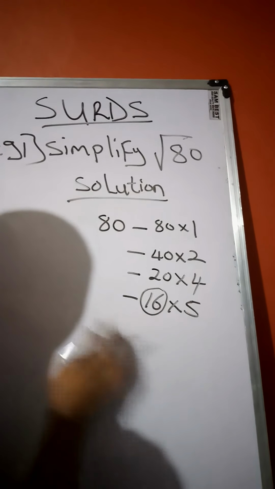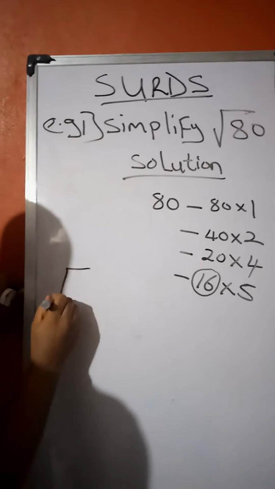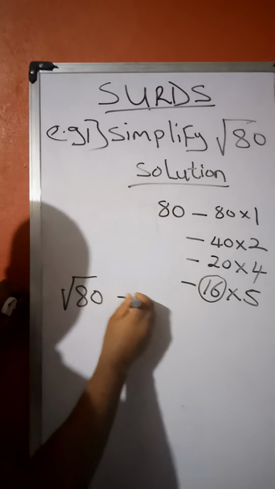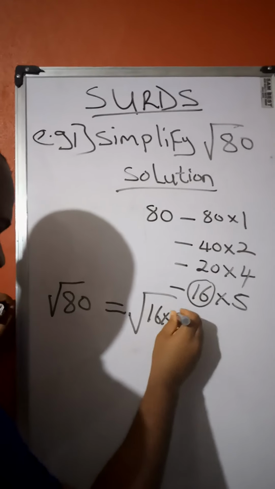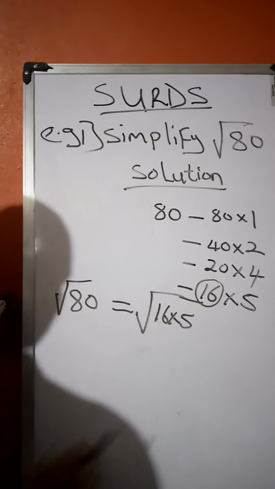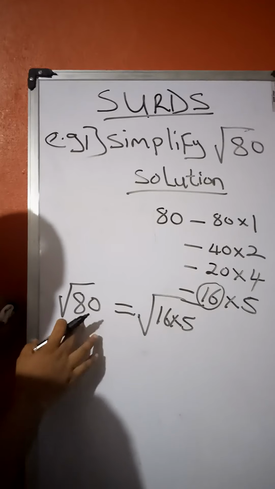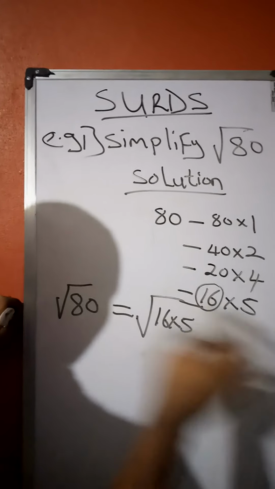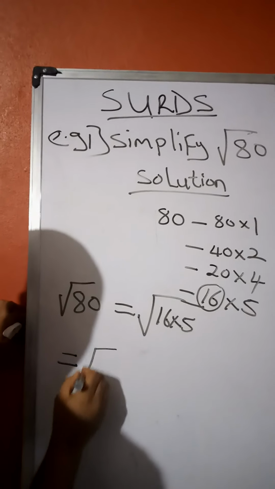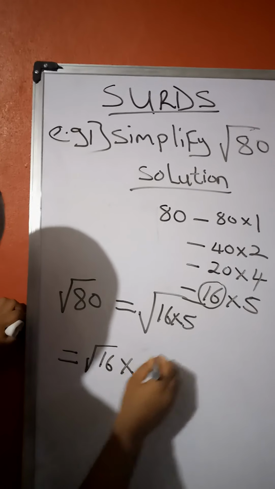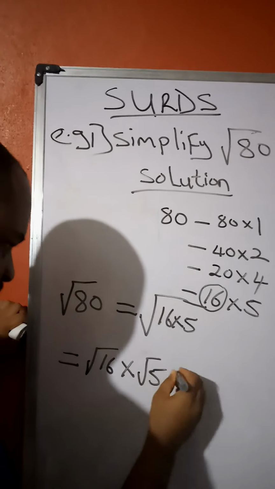Then I have 5. So in my solution, I'll write root 80 to be equal to root of 16 times 5. Now 16 times 5 is still 80, so this is the same as this. Remember, in one of our rules of surds, I can write it as root 16 times root 5.